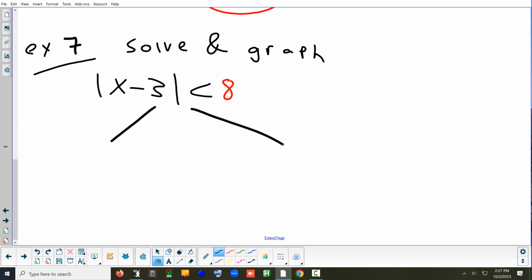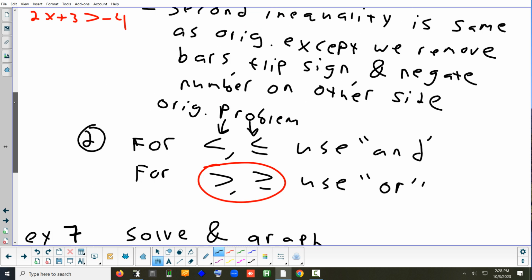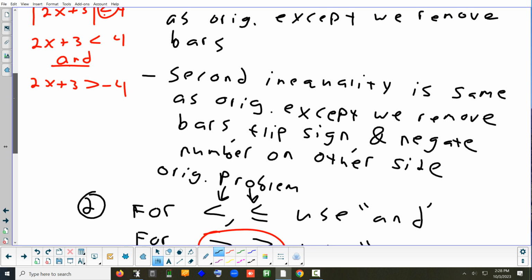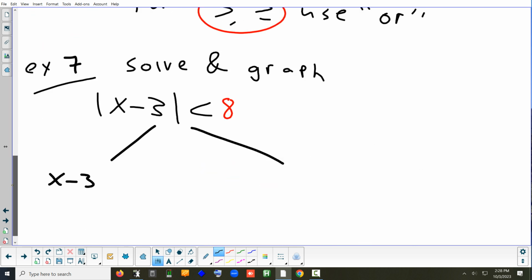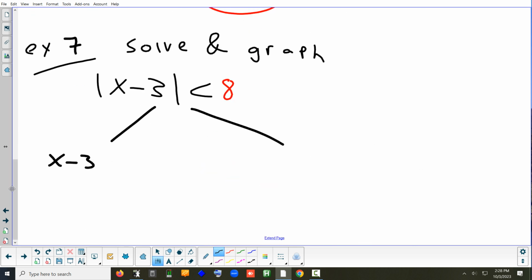Can someone give me the first one you split it into? This is the simpler one. X minus 3, first one's plus 3. Anything else you need? We have to split it into two inequalities. So right now we don't have an inequality there. X minus 3 is less than 8.